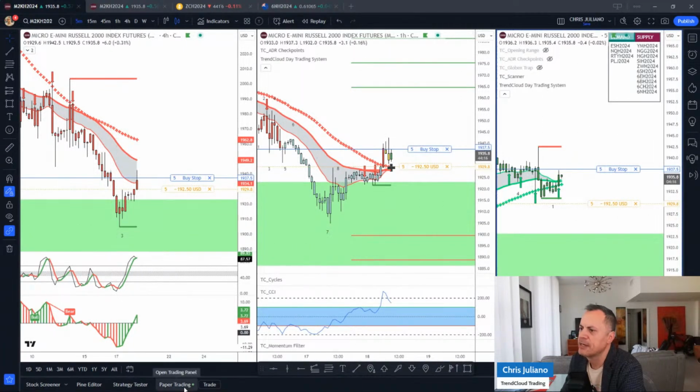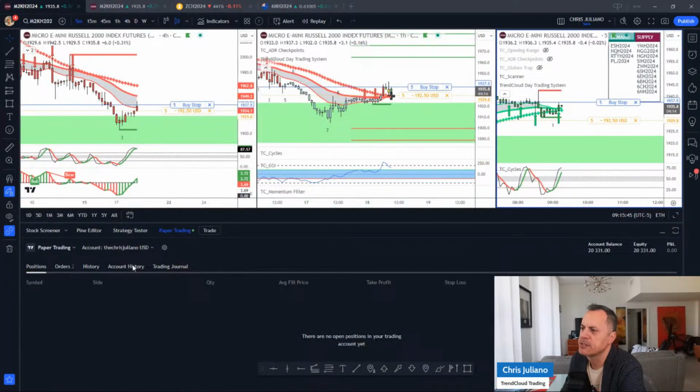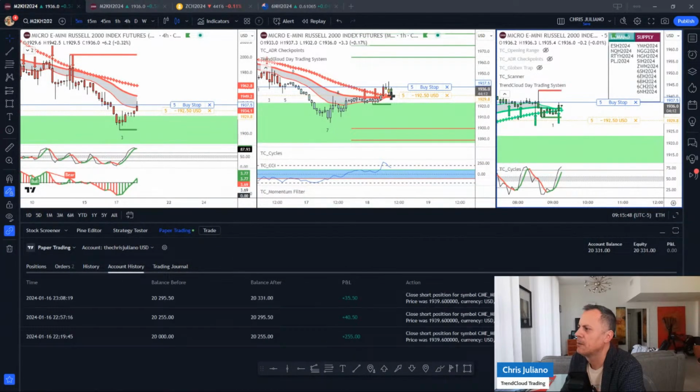So if that trade fails, look how that is going to wipe out pretty much all the profit we made. What was it, yesterday or the day before? That would really suck, right? But that is the back and forth profit issue that you deal with.